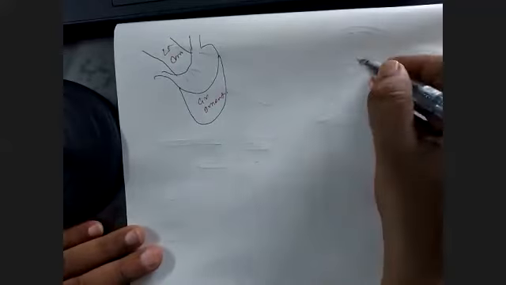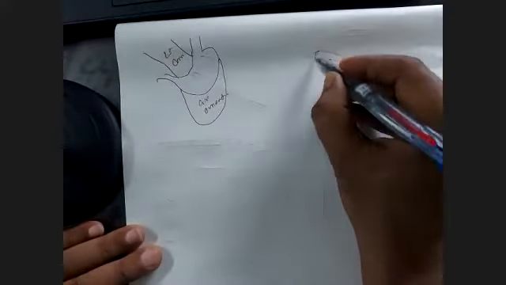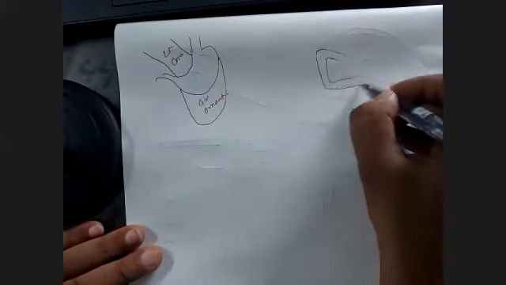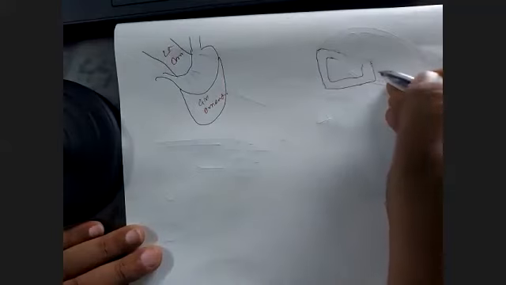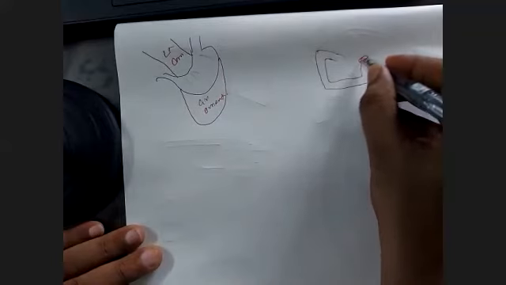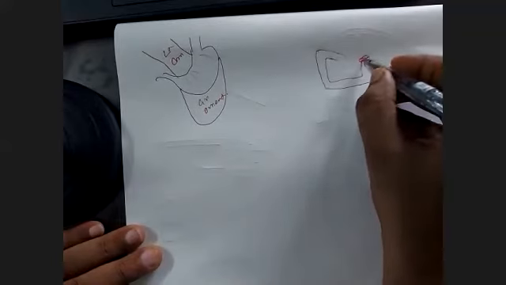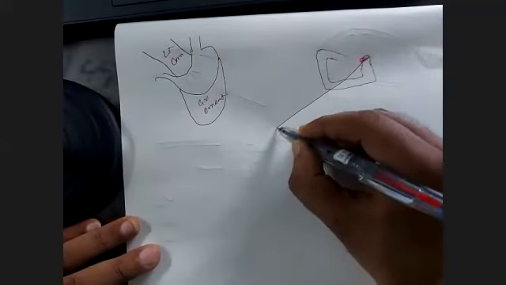Now, after the stomach, the stomach ends like this. Then there is the duodenum, and the duodenum goes like this, and here it is the fourth part of the duodenum, and just after that starts the root of the jejunum and ileum, and from here running like this on the posterior abdominal wall.